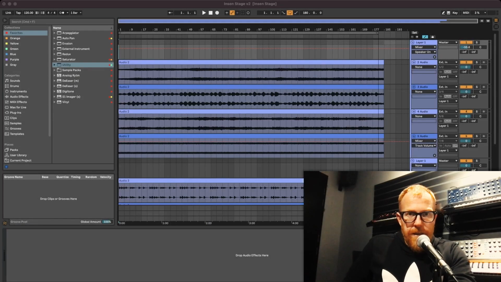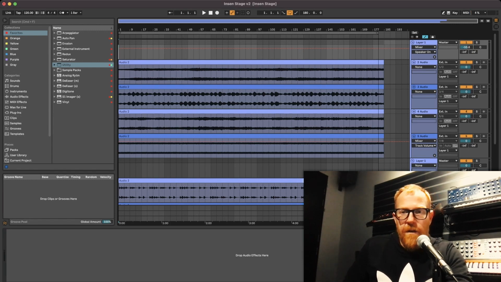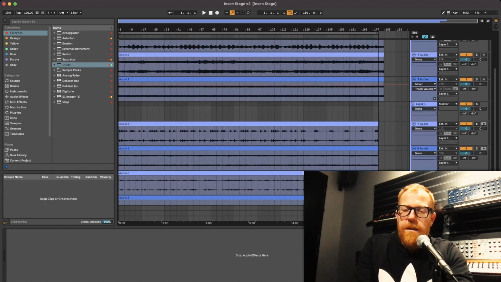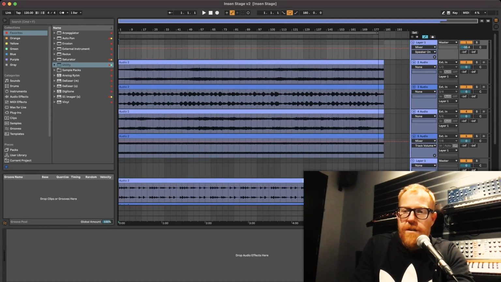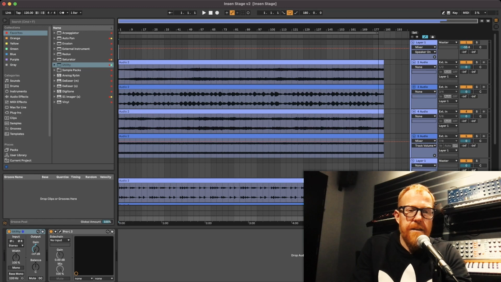Here we are again. This one is only 2 layers at the moment also. And it's using the Insen scale, so another Japanese scale. So let's just play it and have a listen. Both layers are active.